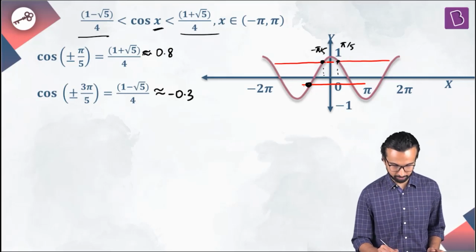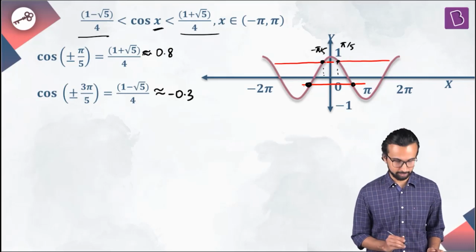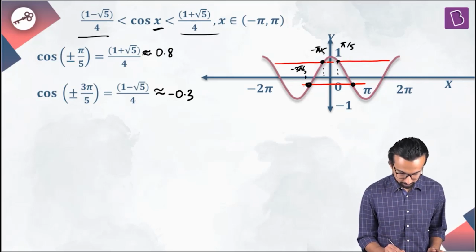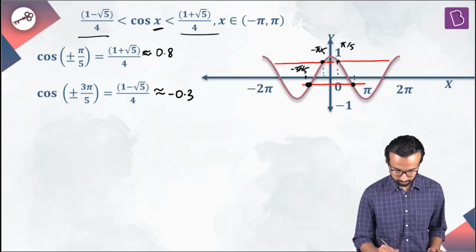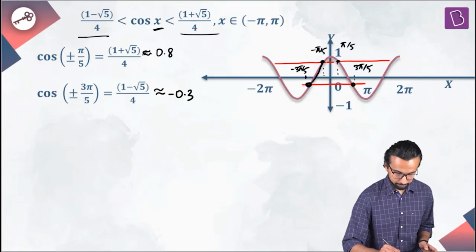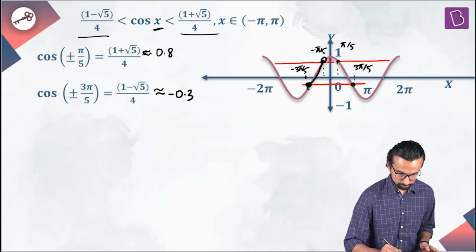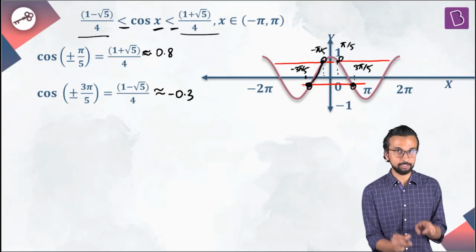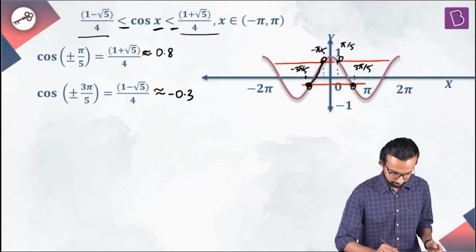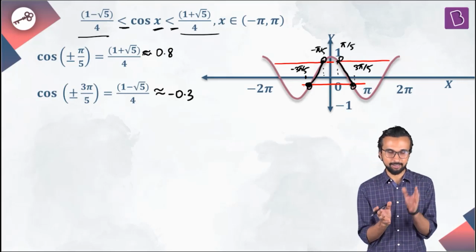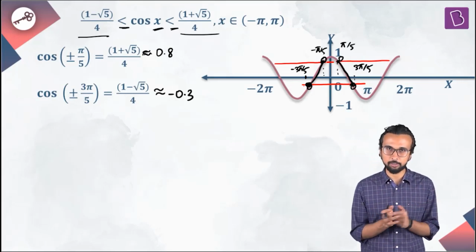Then the next set of values is at 3π/5, as you can see. So this becomes minus 3π/5, and on the right side you get plus 3π/5. And what are we interested in? The region between them, not the two points themselves, because it's strictly less than. If it was less than or equal to, I would have included them. So between these points, I mark it out like this, and that's the region where I get cos x between these two values.